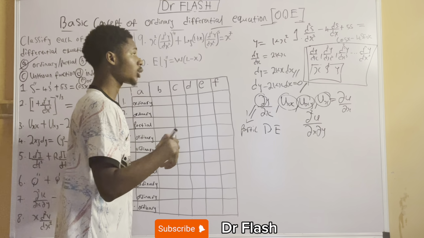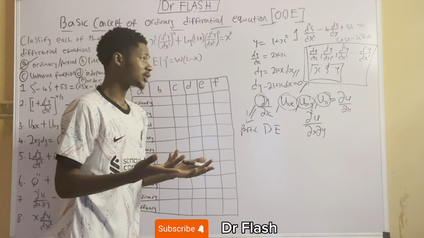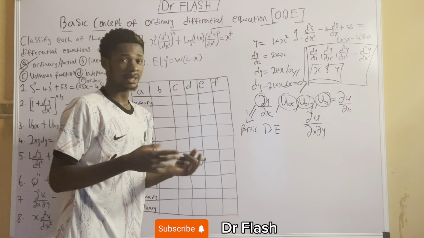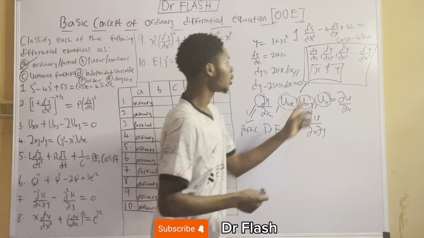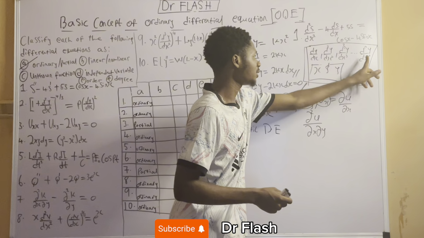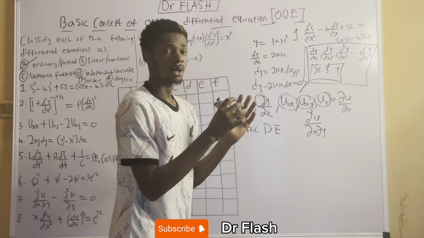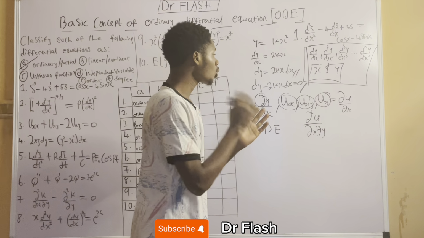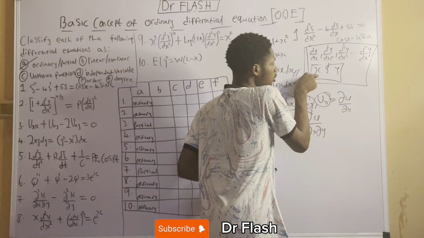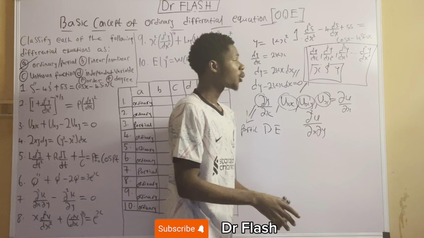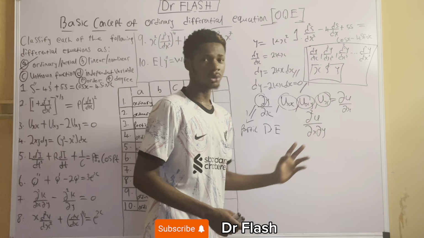You can as well look up other definitions for linear and non-linear differential equations. Now like I said, whenever we are having these derivatives and they are having a power attached to them, we call them non-linear. Not just them, these variables as well, the dependent and independent variables, whenever they are having powers as well, we also call them non-linear.